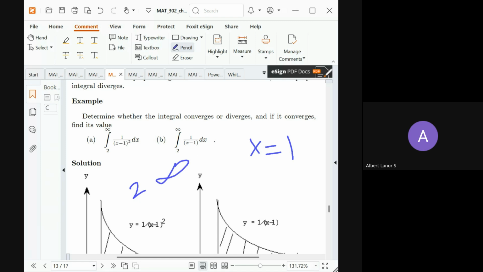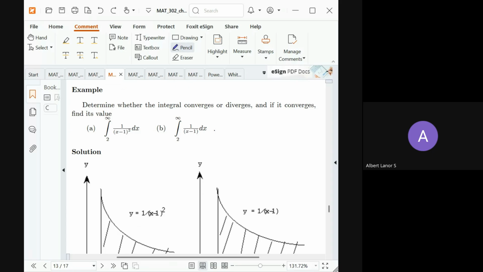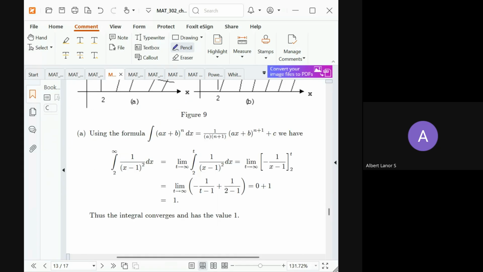Just that the infinity part is what we don't know. So to do this integral, we are going to integrate from 2 to a number t, and you find the limit as t is going to infinity for both of them. For both of them. So clearly, you should be able to integrate the functions.